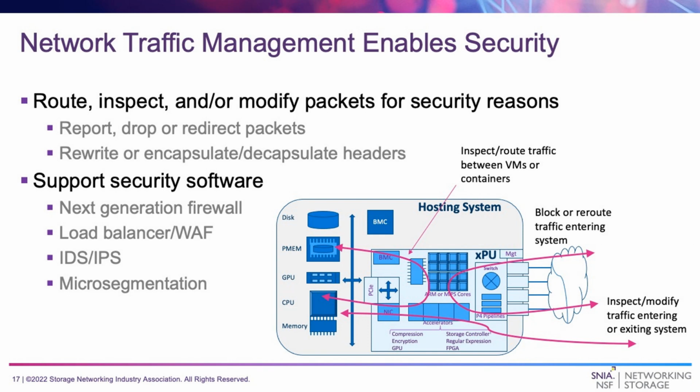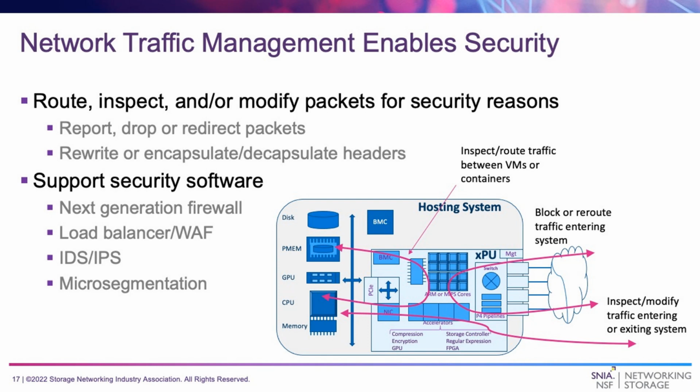And these different pieces of security software, they can run on the CPU of the server and have the networking done by the xPU. They can run on an external server, with a control plane, but still assign the xPU to perform some of their security functions on that device.